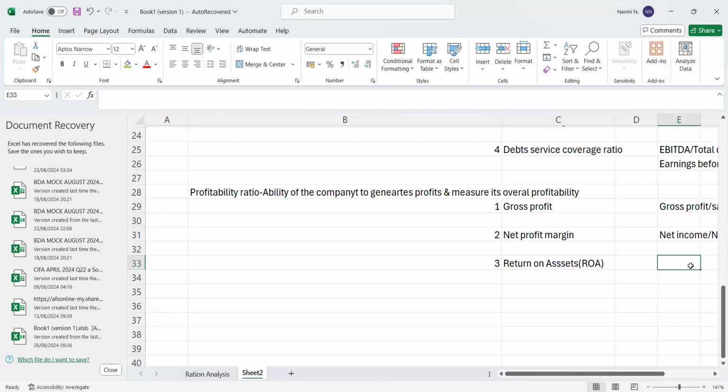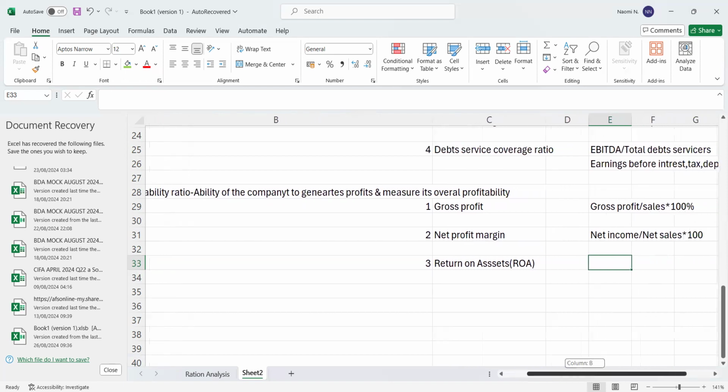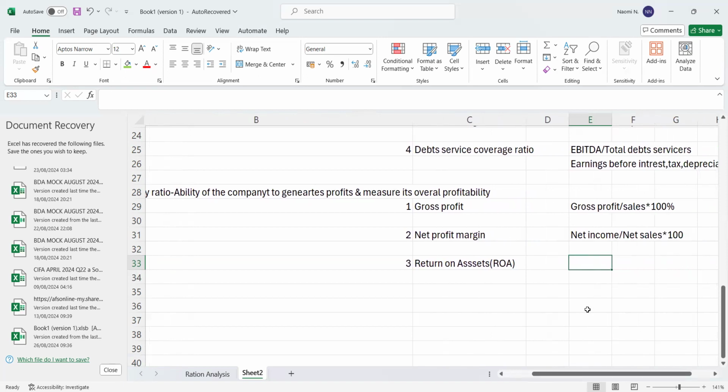So return on assets measures the company's ability to generate profit from its assets. It evaluates the efficiency of asset utilization in generating earnings. So this is how we calculate it. It is net income divided by average. Please remember it is average total assets.